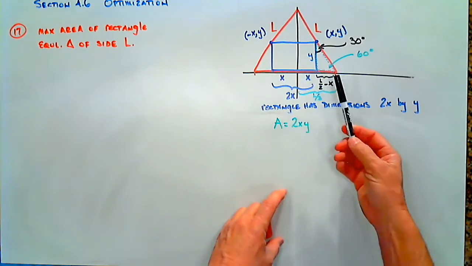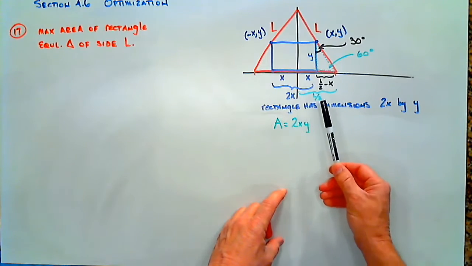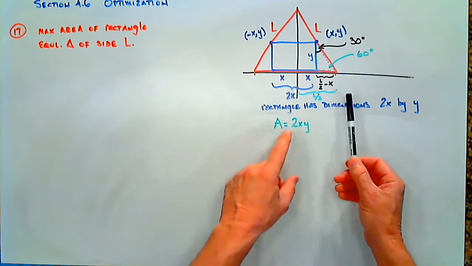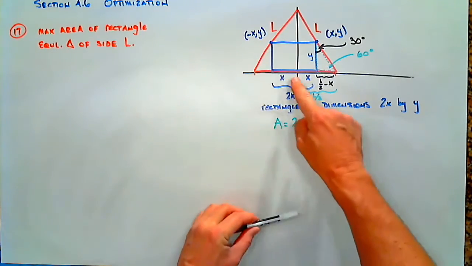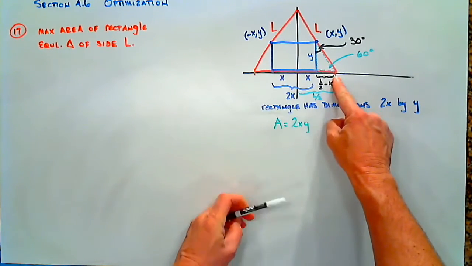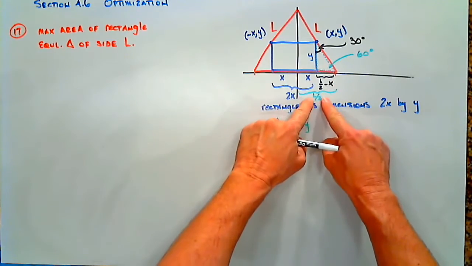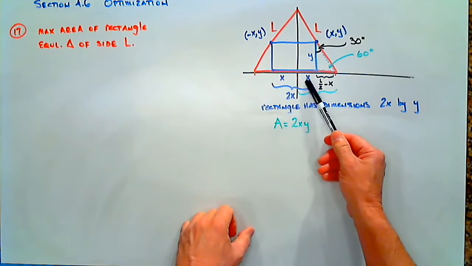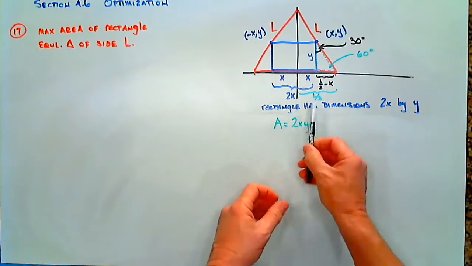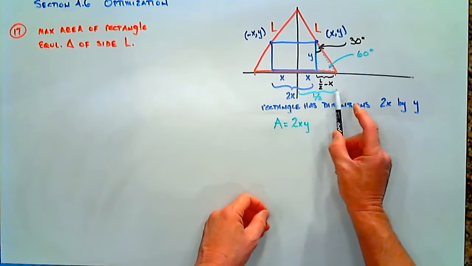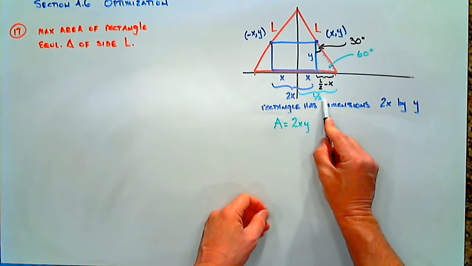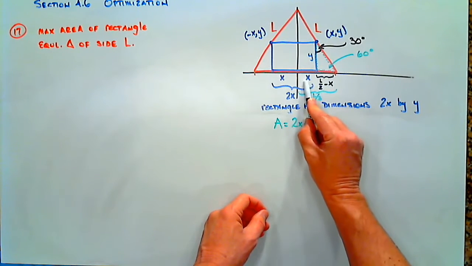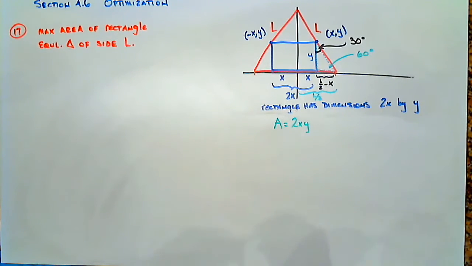For example, we know this leg is y. We know this side of the triangle from here to here is L, so half of it is L over 2. That piece is x. The entire thing is L over 2, which means that this piece right here is the entire piece, L over 2, minus the part we've used, L over 2 minus x.